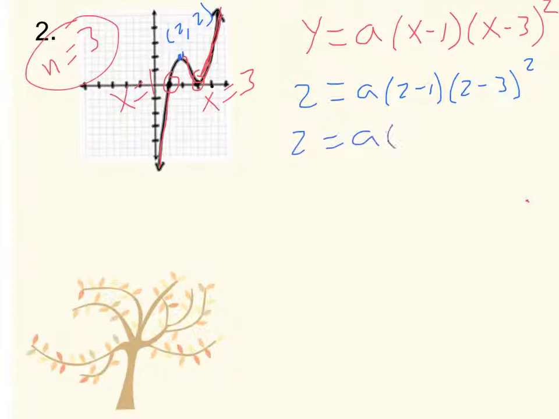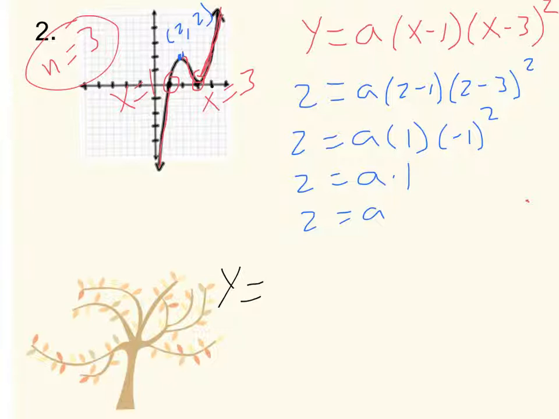Notice my means of solving it. Very, very similar. I'm just simplifying everything that's over here on the right. That becomes a times 1, which is just a. So a is 2.